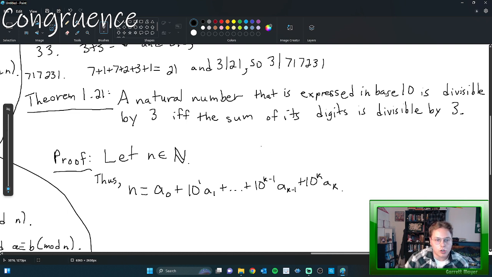And this is basically assuming that we're writing n out as ak a(k-1) ... a1 a0. This is not multiplication in this case. These are the actual digits. So like it could be 9 7 ... 3 2. So ak would be 9, a(k-1) would be 7, a1 would be 3, a0 would be 2. This isn't multiplication, that's actually how the number would look.